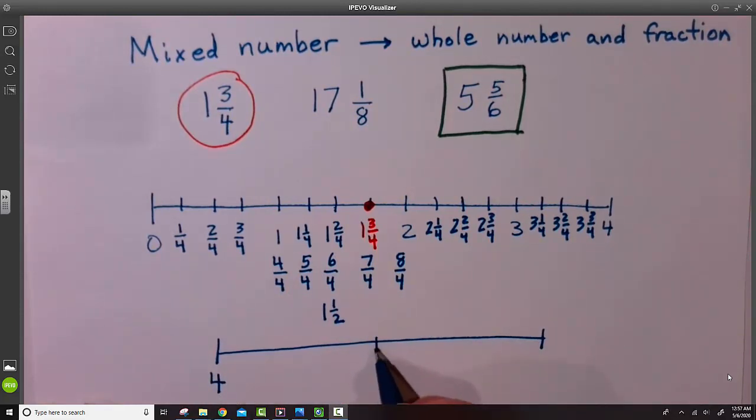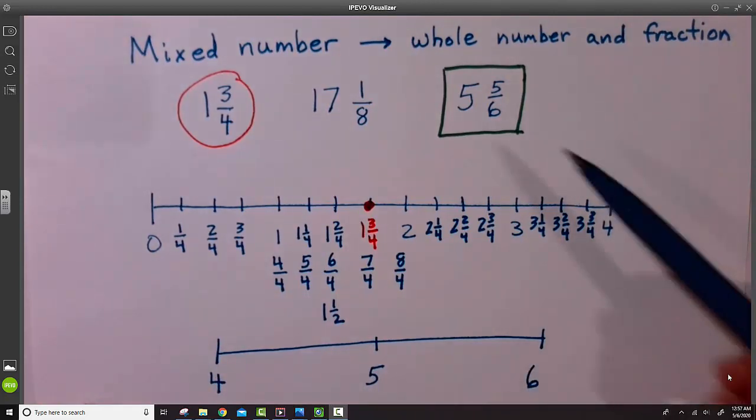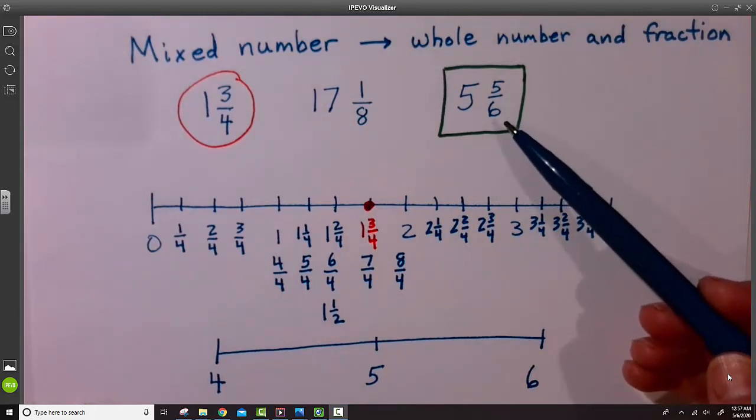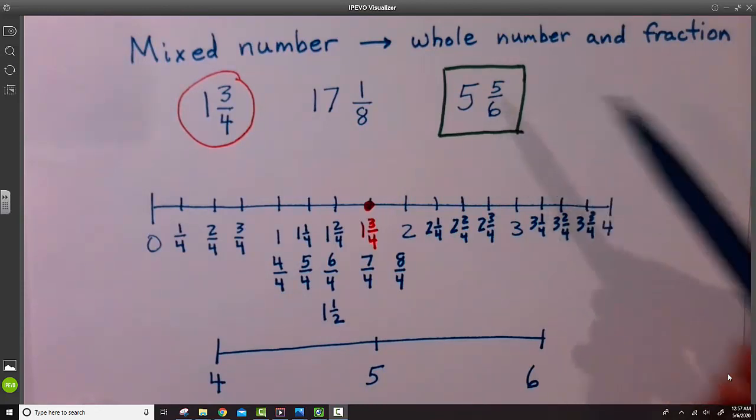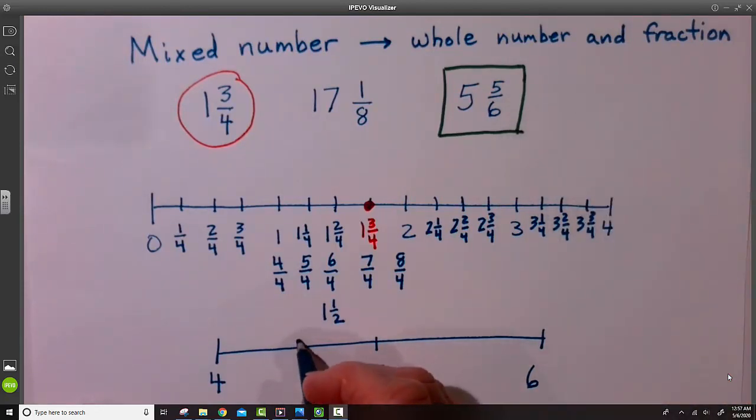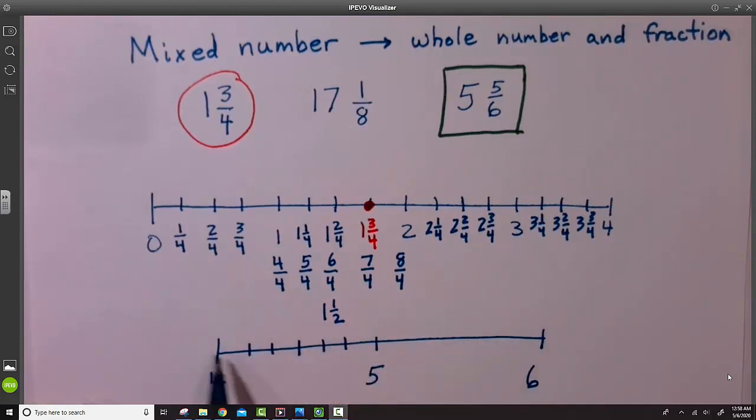So we'll have 4, 5, and 6 as the whole numbers. Again, we look to the denominator to determine how many parts are between the whole numbers. And we can see that there are 6 parts. One, 2, 3, 4, 5, 6. 6 parts between 4 and 5.